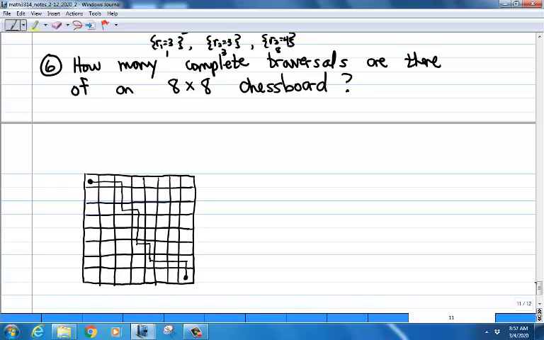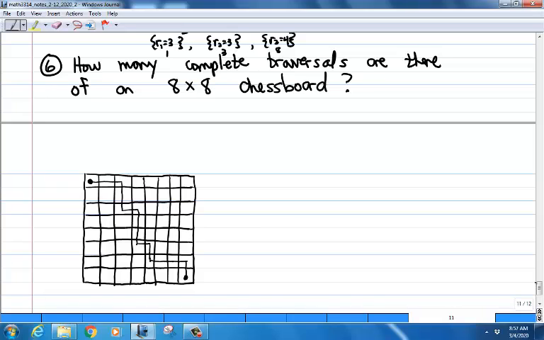It means you start in the top left-hand corner and move into adjacent squares, traveling down to the bottom right-hand corner. But you have to do that in a particular way. You can only move to the right and down. So you cannot back up, in other words. You cannot ever go to the left, or go backwards, or go up.